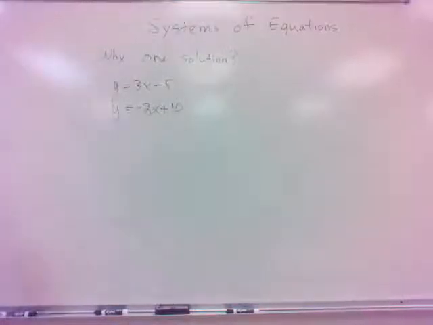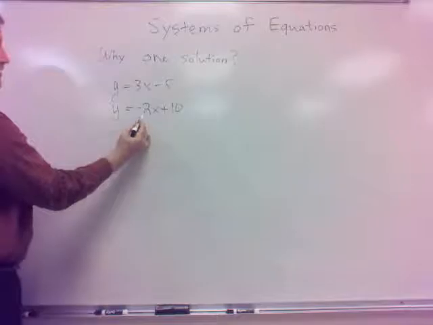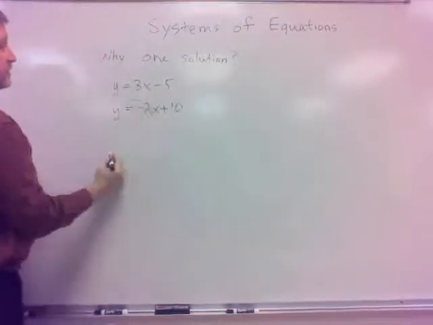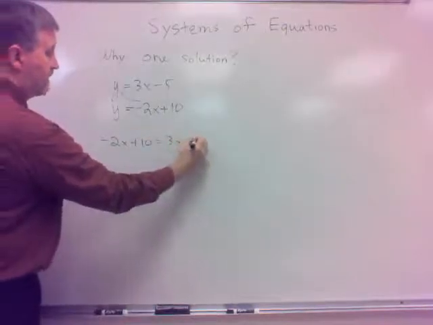We can do it either way, elimination or substitution. I see substitution working pretty well here, don't you? Both of them are y equals, so it works either way. Can I substitute this for y in the other one? So negative 2x plus 10 equals 3x minus 5.